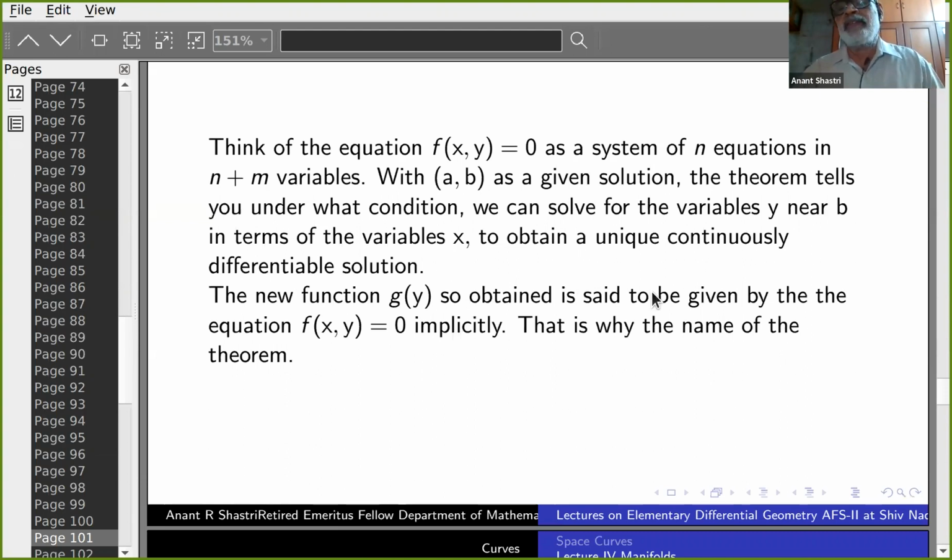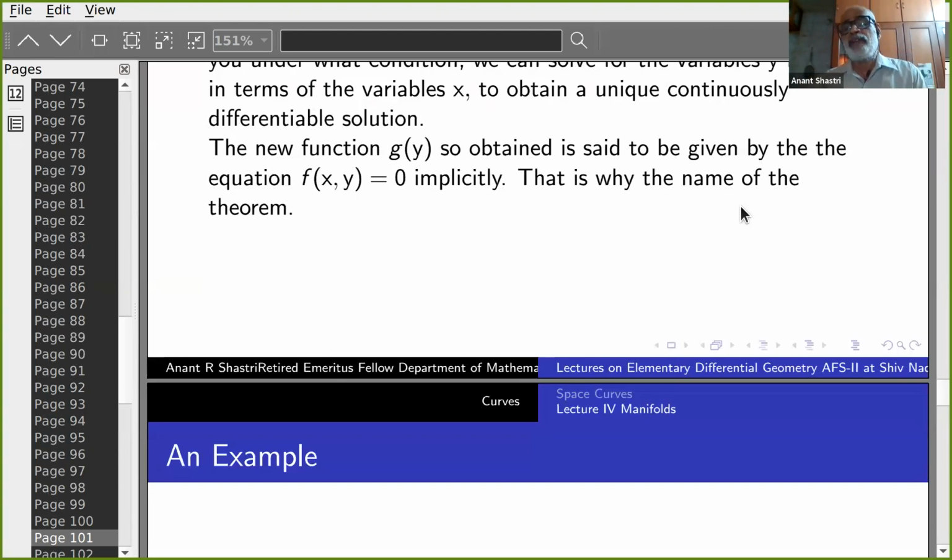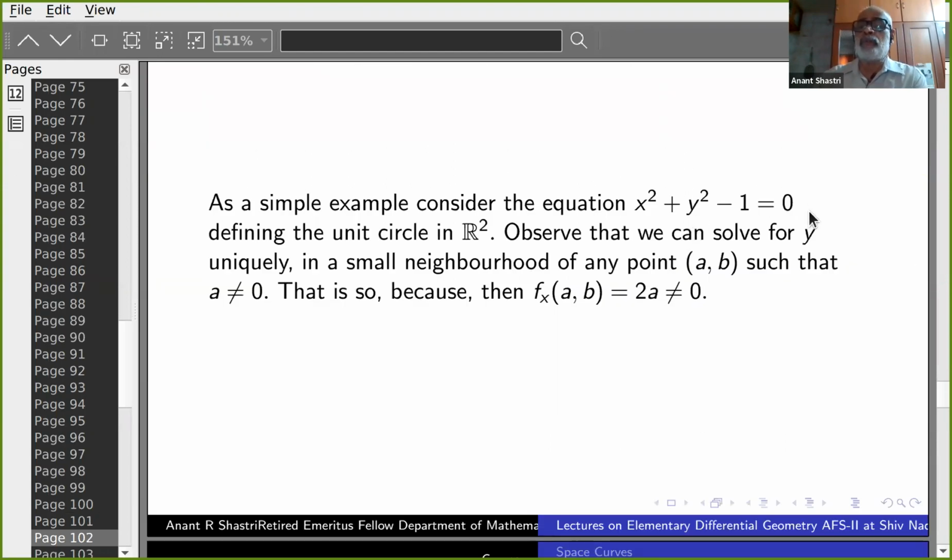Okay, so I will give you an example. x square plus y square minus 1 equal to 0. This is my f(x, y) equal to 0. The function is x square plus y square minus 1. We are familiar with this one from our 12th standard onwards. It defines the circle of unit radius and center at (0, 0), right? Observe that we can solve for y uniquely in a small neighborhood of any point (a, b) such that a coordinate is not 0.